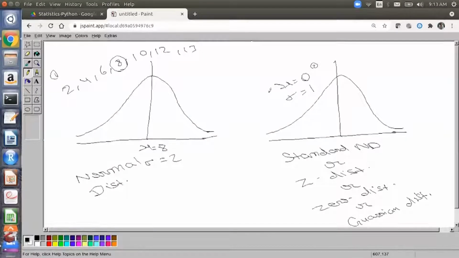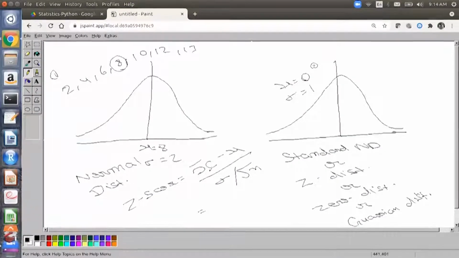Now the confusion is, how is it possible? We can convert a normal distribution into the standard normal distribution by using a simple formula called the z-score formula. The z-score formula is x bar minus mu upon sigma upon under root n. In this formula, for each value I will generate a z-score: 2 minus 8 upon 2 divided by under root 7, the total number of values.